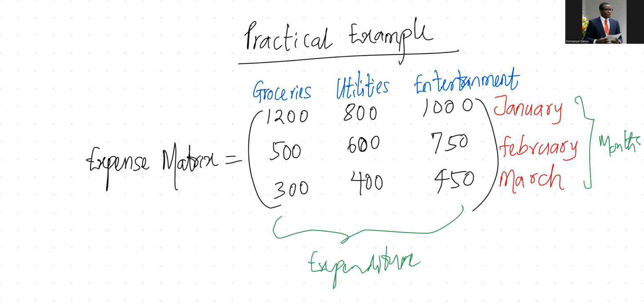So if I take 600, for instance, and your expense matrix is E, then $600 or whatever would be your utility spending in the month of February. Or better still, since row comes before column, you can say that is your February expense on utilities.